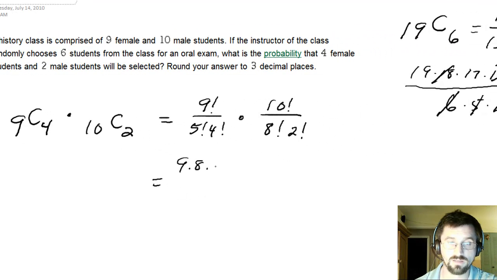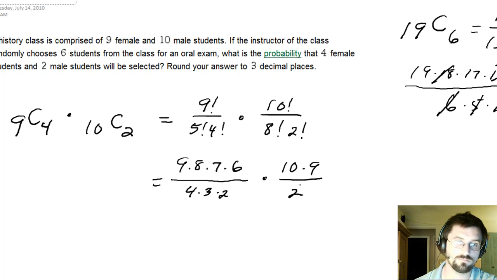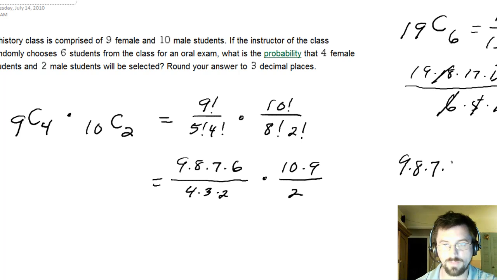It's going to be 9 times 8 times 7 times 6 over 4 times 3 times 2 times 10 times 9 over 2. Take a moment and confirm that. What I'm doing is always in my head or on my paper, I'm bringing that out to the 5 factorial, because once I get to 5 I can cancel, and then the 4 I just expanded.